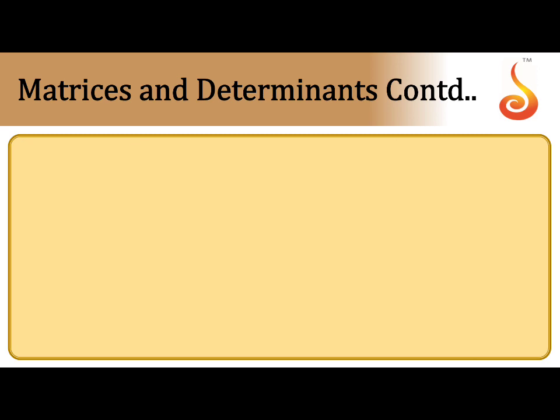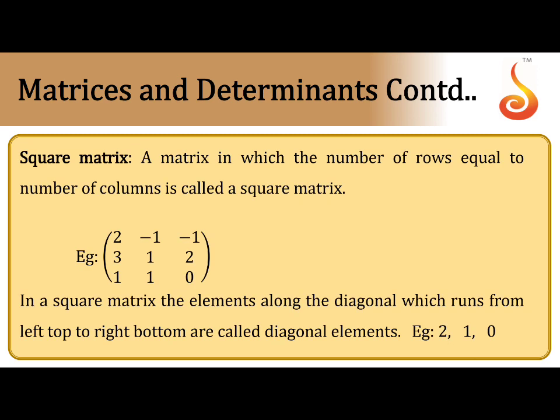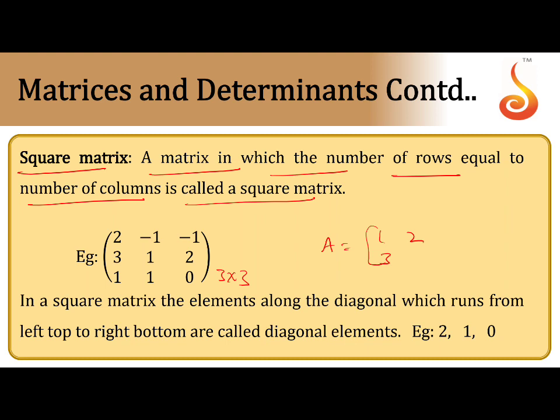Next, square matrix. A matrix in which the number of rows is equal to the number of columns is called a square matrix. Here, 3 rows and 3 columns, so this is a 3 by 3 square matrix. Similarly, this is a 2 by 2 square matrix.